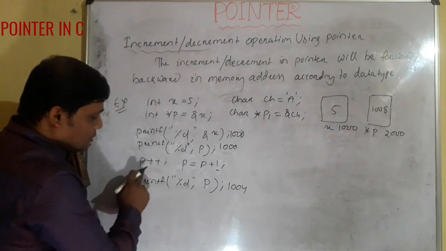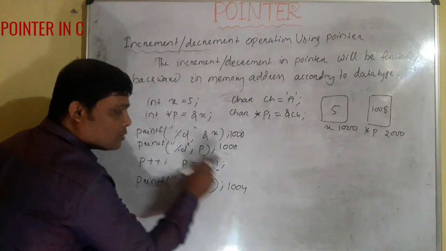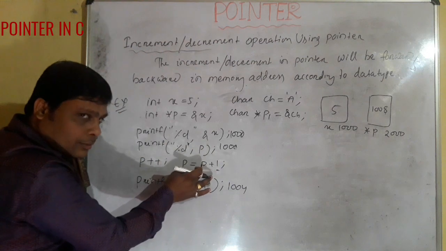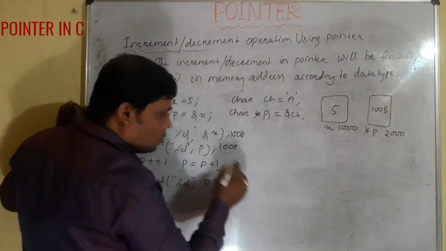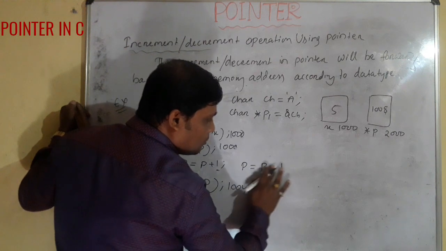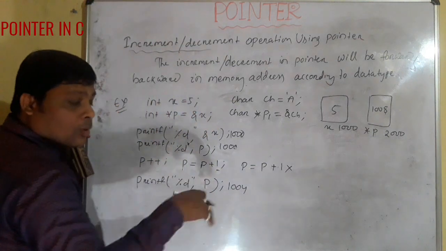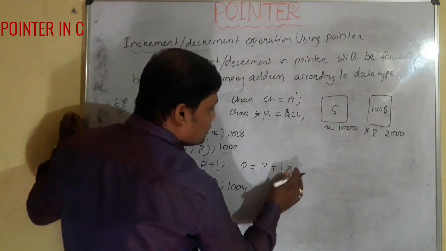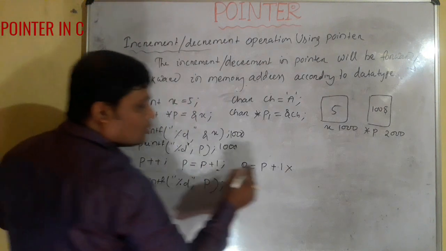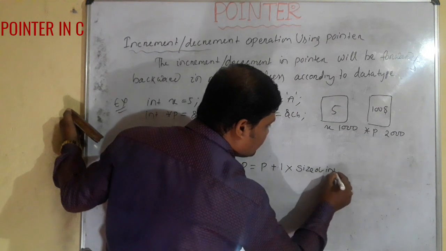Because p plus plus means p equals p plus 1. When I am adding one value to a pointer, that value will be multiplied with the size of the data type. The data type here is integer, so size of integer.